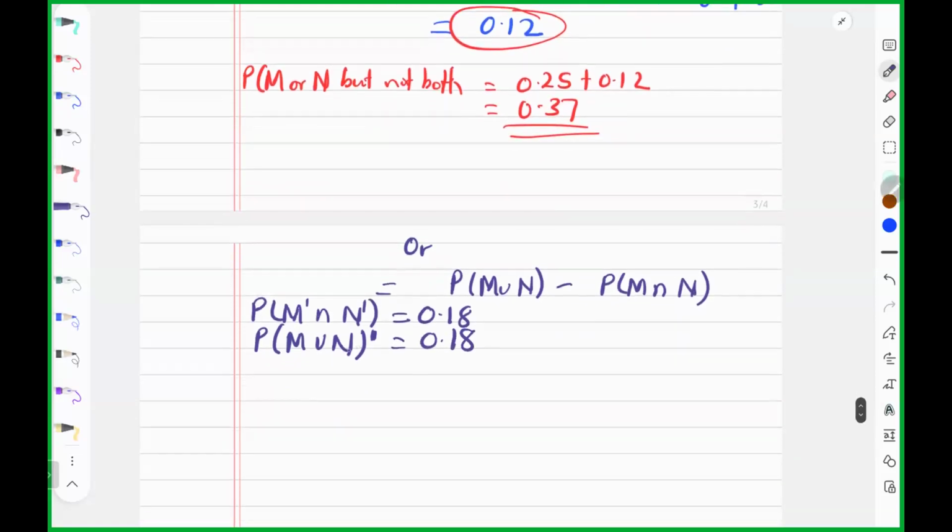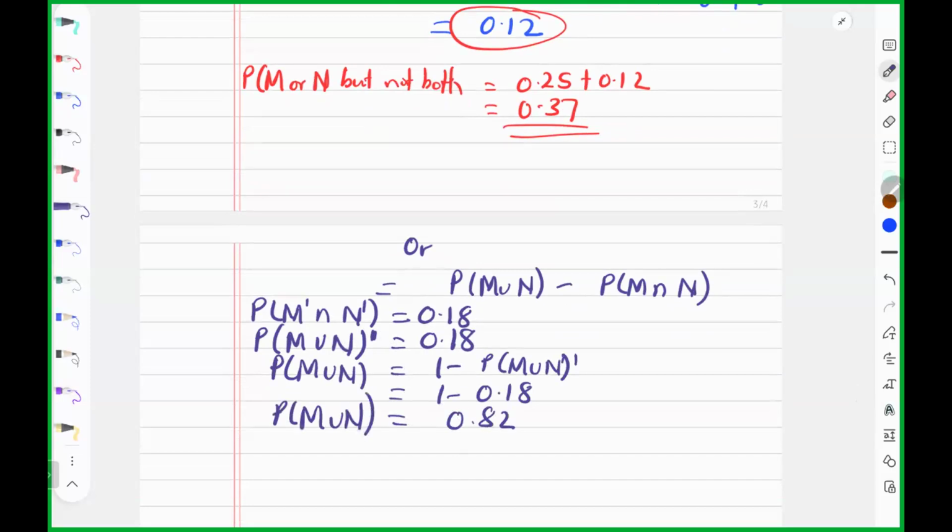So if you have probability of M union N complement as 0.18, it means that probability of M union N is equal to 1 minus probability of M union N complement. So we shall have 1 minus 0.18. Therefore, we shall have 0.82 as the probability of M union N.